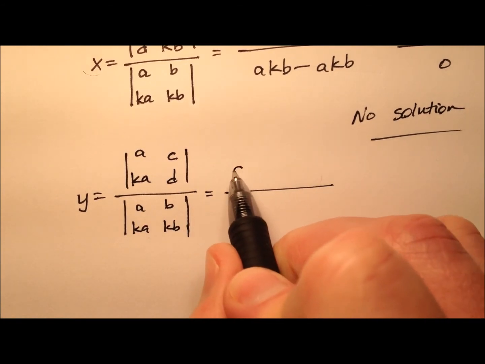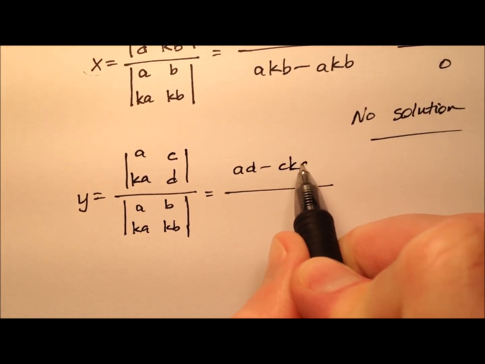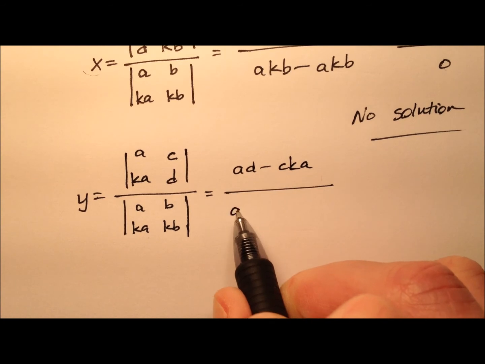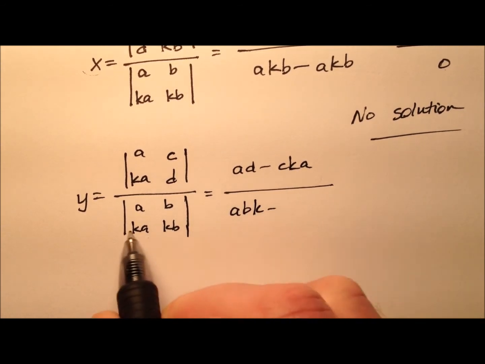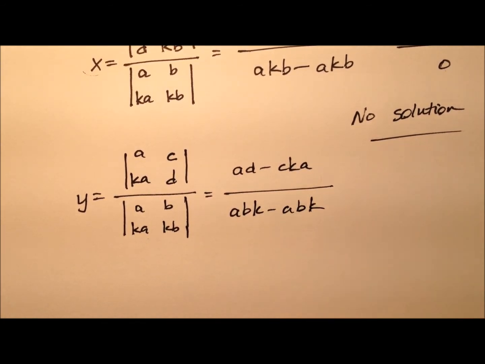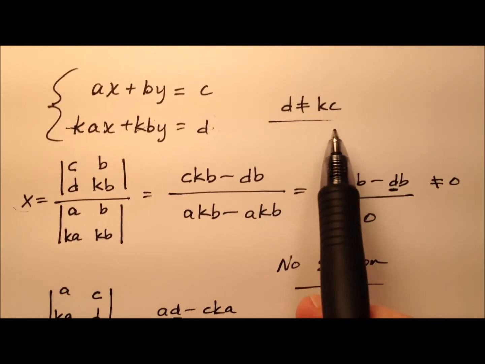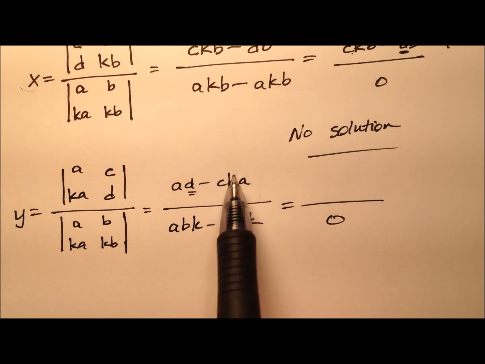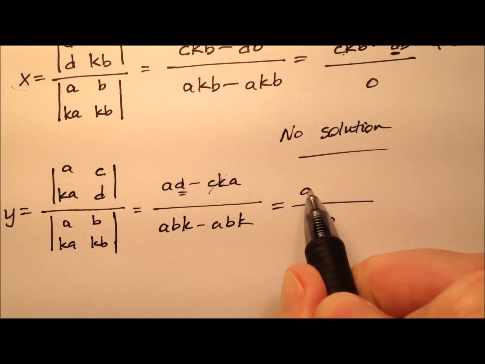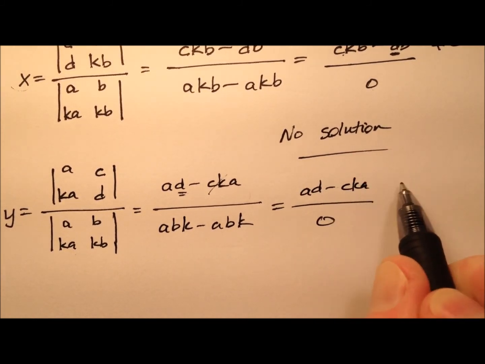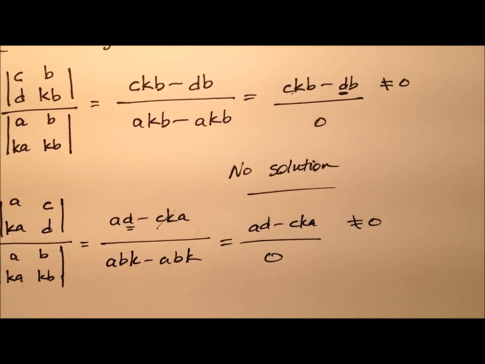So in the numerator, we have ad minus cka, and in the denominator, akb minus akb, which again is 0. And because d is not kc, ad minus cka is not 0.